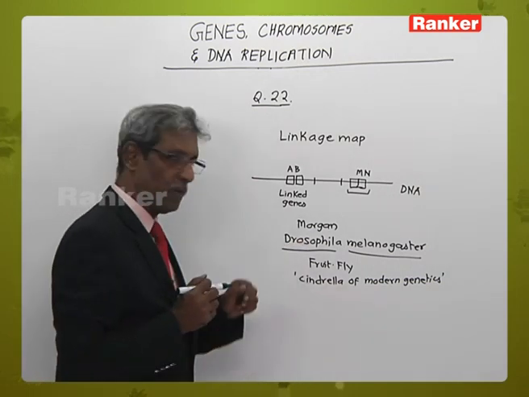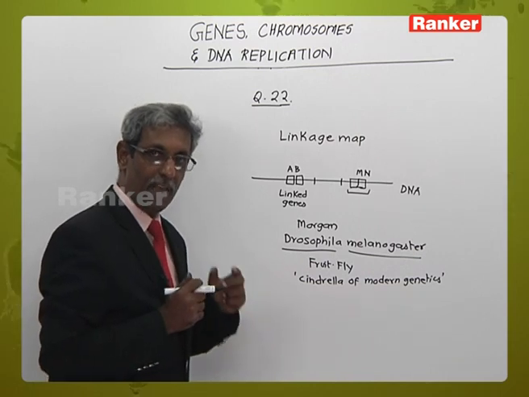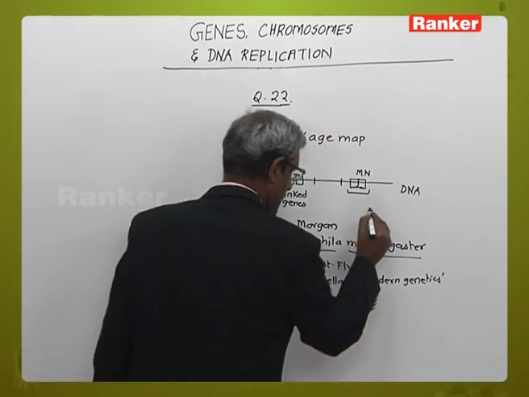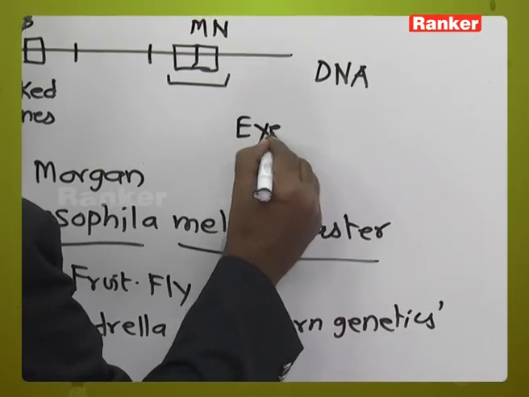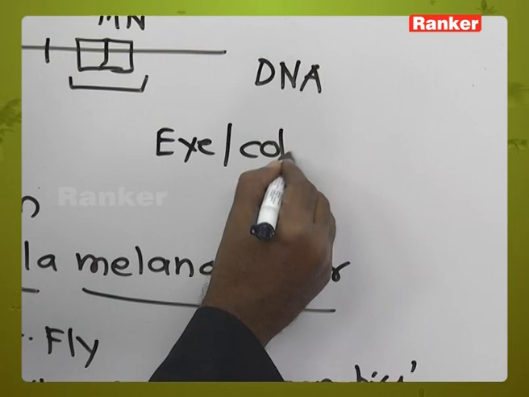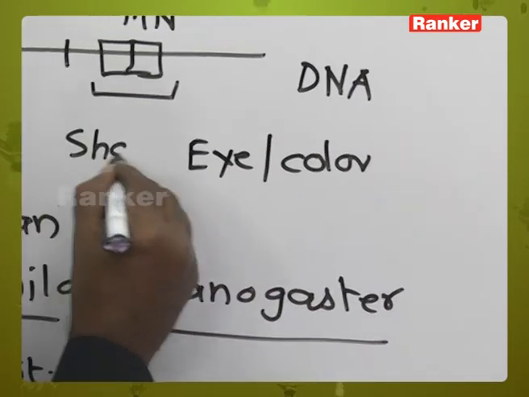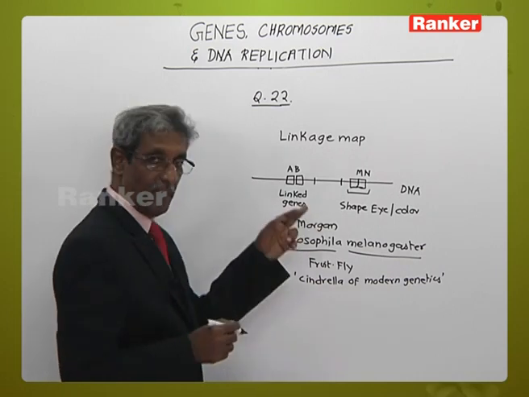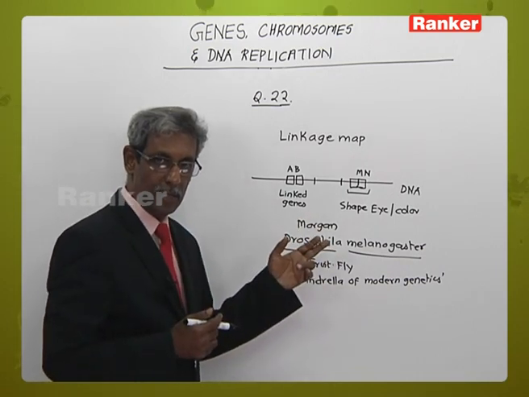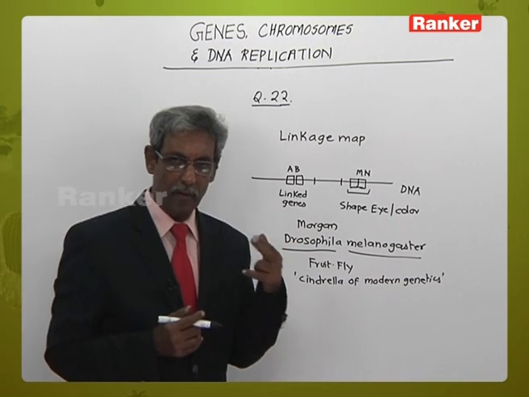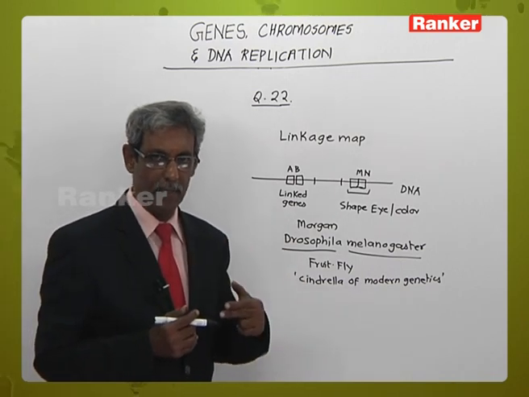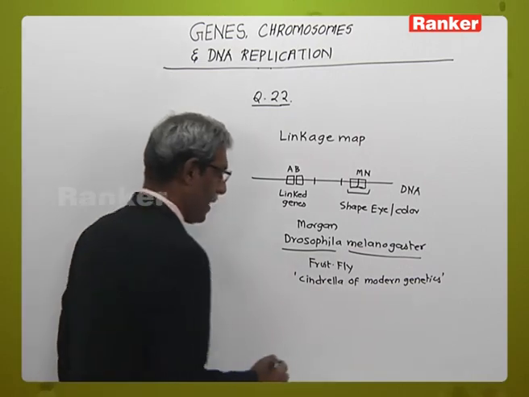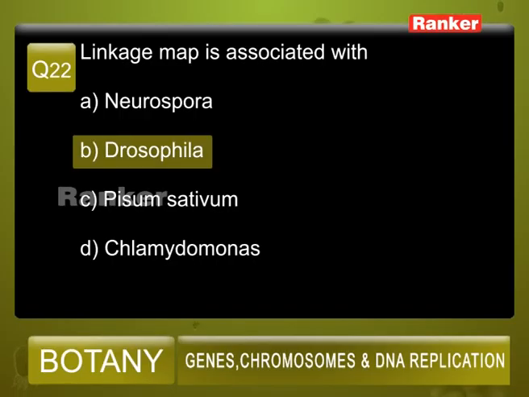So, in the case of Drosophila, due to linkage, we have the development of different shapes of the eye and also the color, wherein this has been the first studies with relation to linkage. So, among Neurospora, Drosophila, Pisum sativum and Chlamydomonas, the right answer is B, that is Drosophila melanogaster. Answer is B.